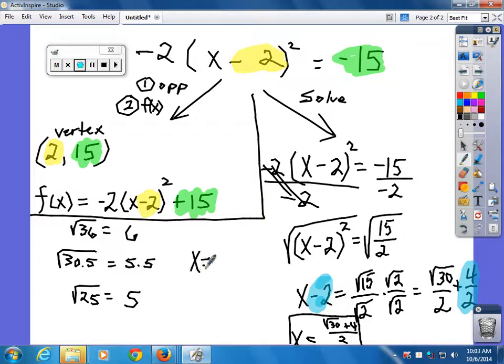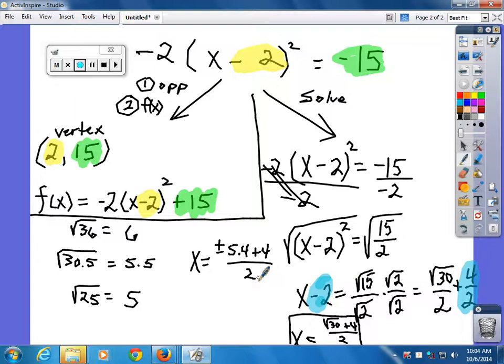So x, somebody check it in your calculator. Positive or negative 5.4 plus 4 over 2. And what's 5.4 plus 4? 9.4. What's half of 9.4? It'd be 4.6 or 4.7.